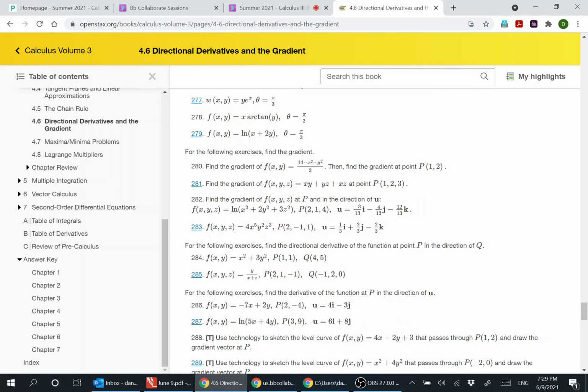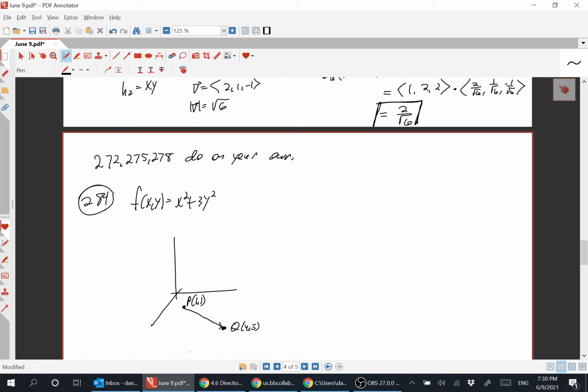And in the xy plane, you have point P being 1, 1, and Q being 4, 5. So find the directional derivative at P in the direction of Q. So that's the vector that you're looking at.